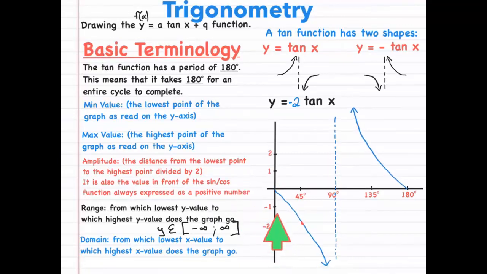So again, now it's a -2, at 45 it will be a -2. We start at the origin and we're going down towards the asymptote, and we're going up towards the asymptote, and that starting point will always be in line with the 180. Okay, got it? Brilliant.